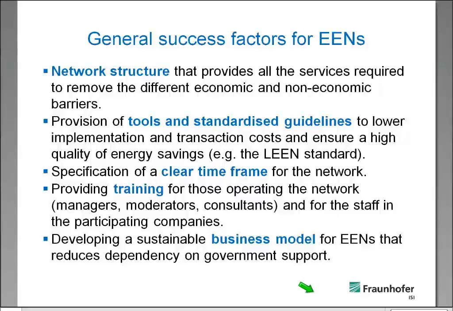It's first of all the clear network structure, which includes audit services and all this information in one clear structure. It's also the tools and standardized guidelines which lower transaction costs. It's, for example, the LEEN standard, but you can also use other standards which may not be so ambitious as the LEEN standard, but also are important for this kind of networks.